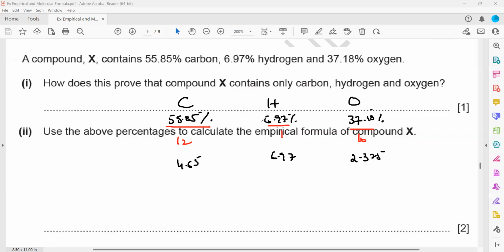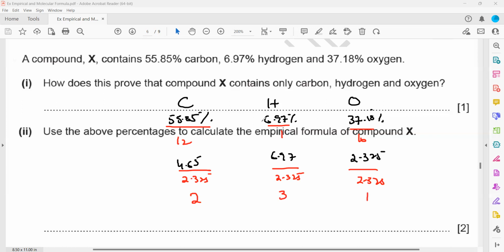Then divide by the smallest value in the combination, which is 2.325. This will be about 2, this is about 3, and this is 1.